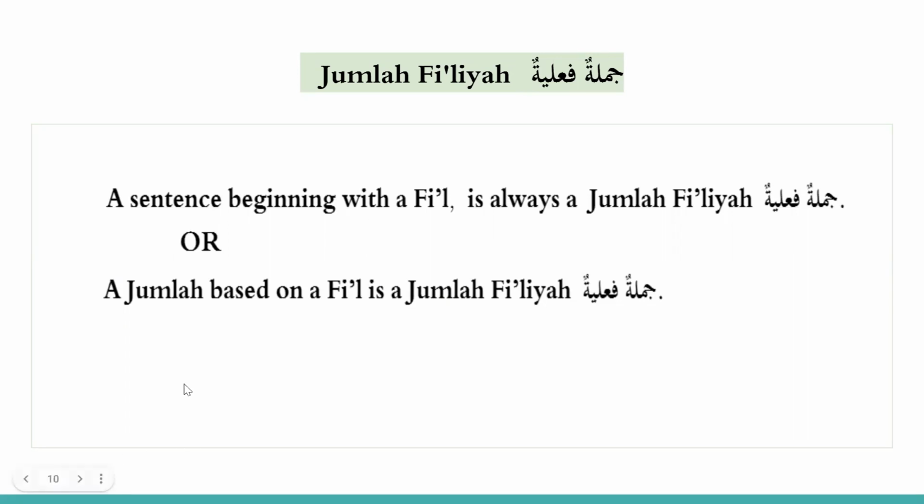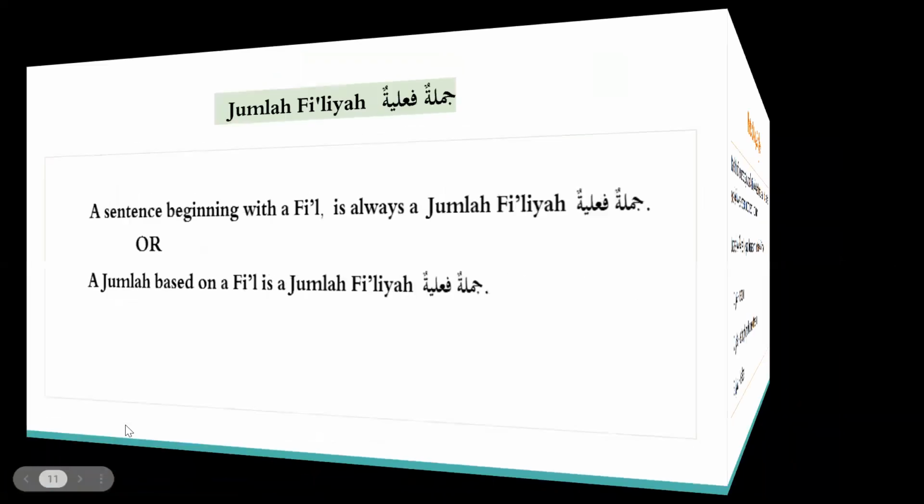A sentence which begins with a fail is always a Jumla Faylia. There are no exceptions. If a sentence begins with a fail, in the very beginning of the sentence, then it is Jumla Faylia. Another definition: a Jumla based on a fail, or a Jumla based on an action, is a Jumla Faylia. Okay, so this is the definition.